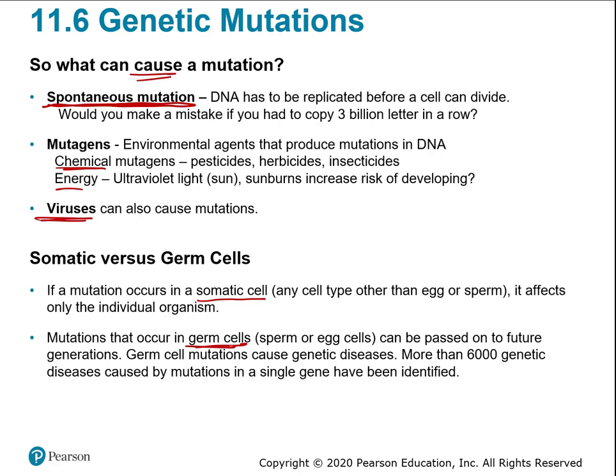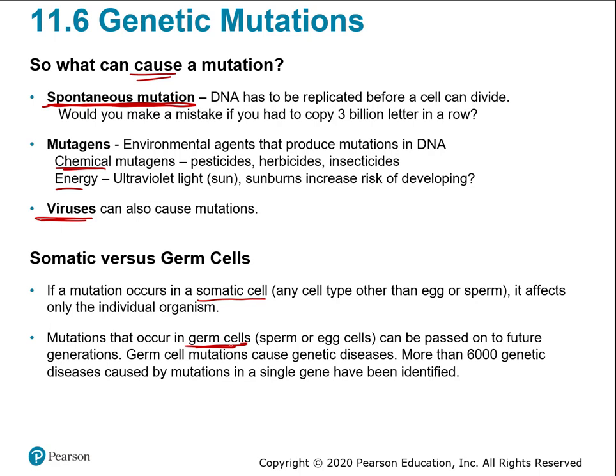Like I said, if we're talking about a somatic cell, that is just like a skin cell, muscle cell, brain cell. If you have a mutation, something will happen to that cell. But if you have a mutation in an egg cell and it gets fertilized, what does that mean about that offspring?